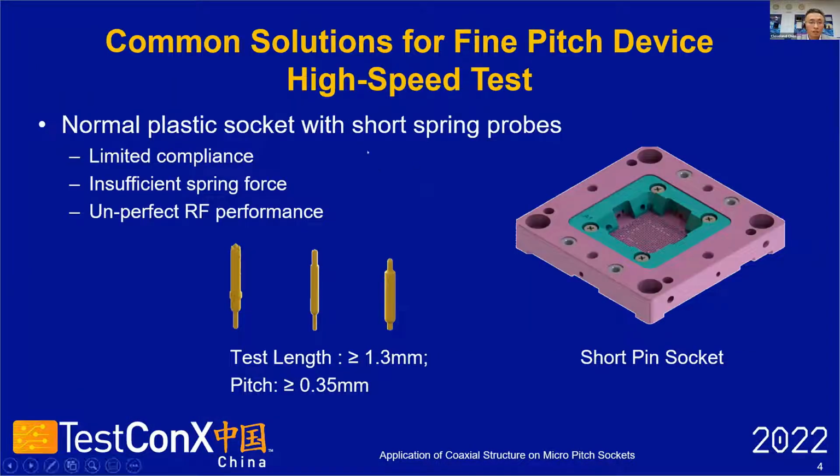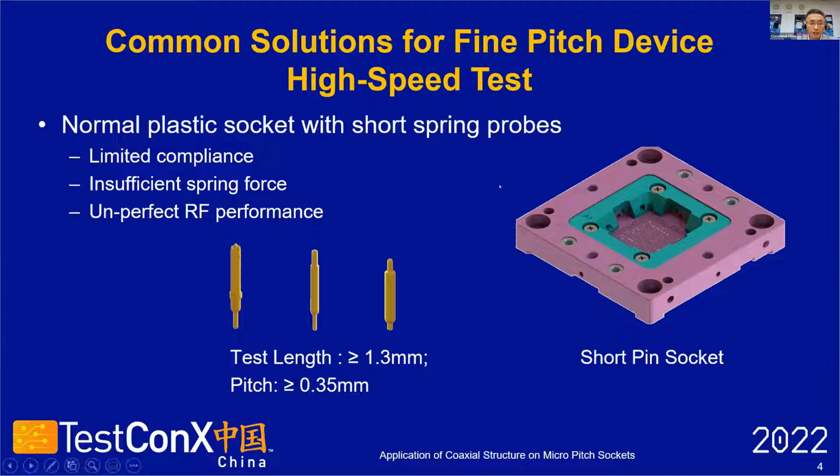Okay, current common non-coaxial solutions for fine pitch high-speed device testing. Most of them seek short electrical transmission paths to meet suitable signal integrity performance. One approach is using a normal plastic socket with a shorter spring probe.